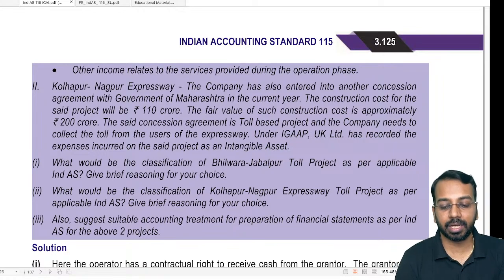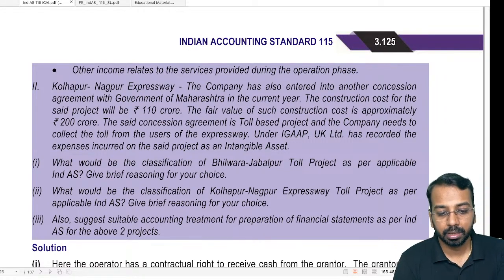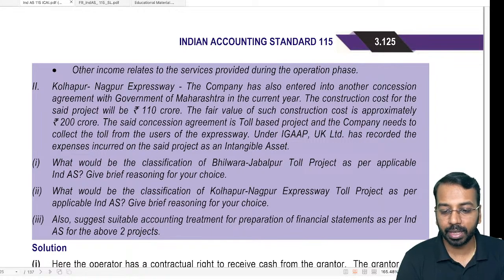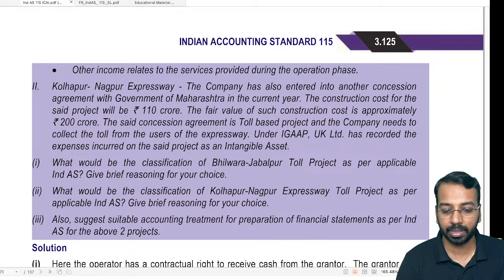The said concession agreement is a toll-based project and the company needs to collect the toll from the users of the expressway. So here you have to collect toll. Under IGAP, UK Limited has recorded expenses incurred on the said project as an intangible asset. Now, what would be the classification of the Kolhapur-Nagpur Expressway toll project as per the applicable Ind AS?